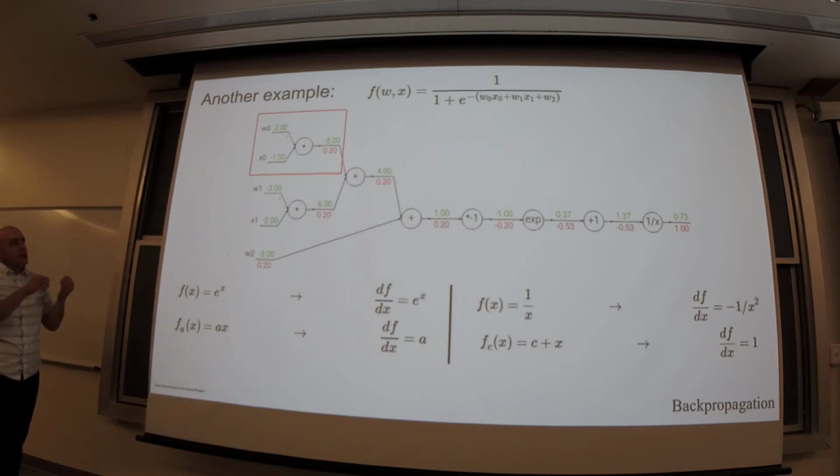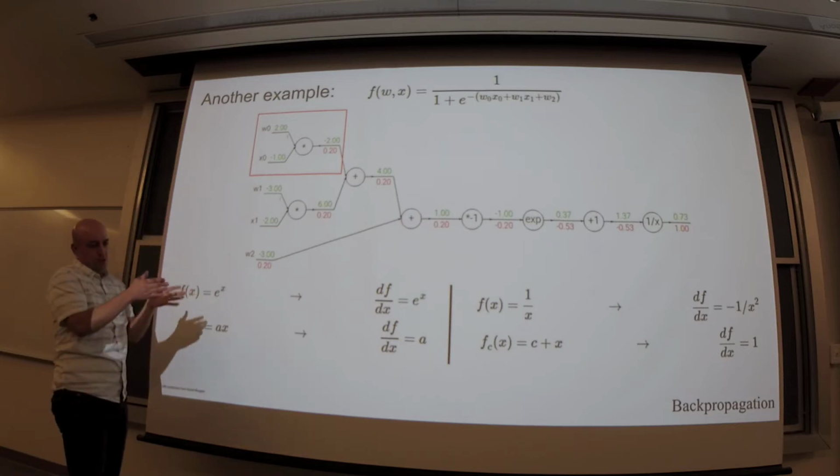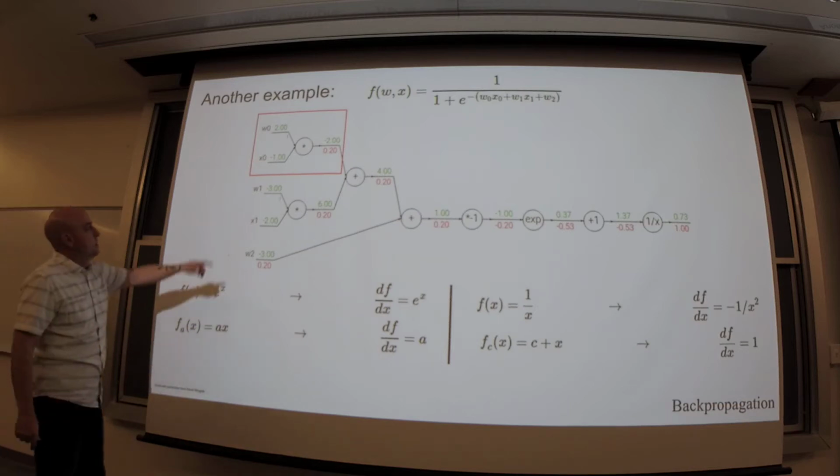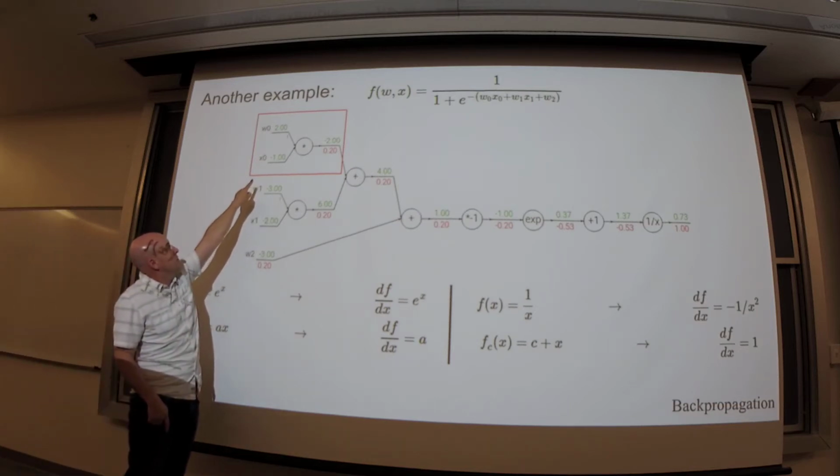So this is X times Y, 2 inputs equals Z. For the top one, we're asking what's the partial of Z with respect to X? What is that? It's the other value. In this example, W naught times X naught equals Z. So the partial of Z with respect to W naught is X naught. So it's that value, minus 1.